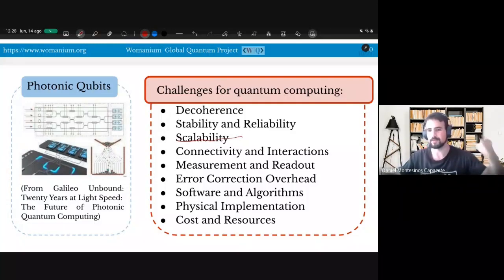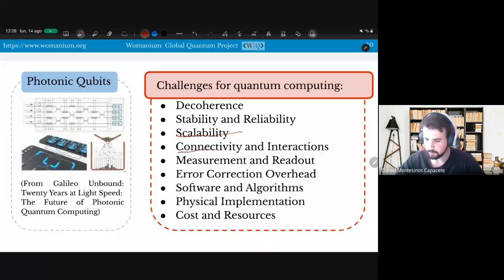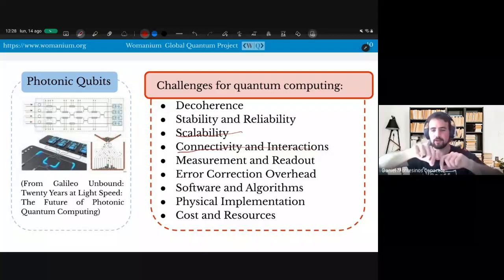Just one qubit, you cannot do much with that, because you need a lot of qubits in order to encode information. So it's important to find a way to make your system grow in the number of qubits properly. Then connectivity: sometimes you can have 500 qubits, for example, but are they all connected? Is your implementation good enough that every qubit in your system can talk to each other?